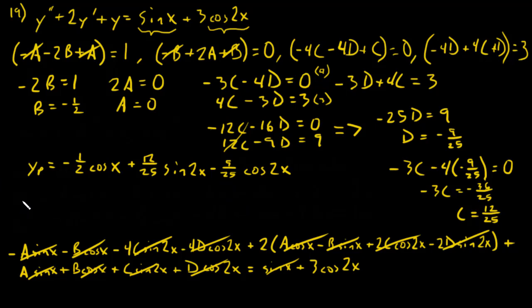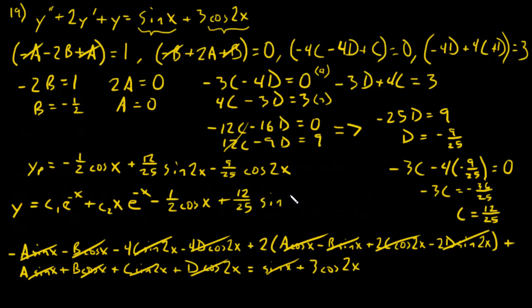Alright, so now let's put it all together. y equals c1 e to the negative x plus c2 x e to the negative x minus 1/2 cosine x plus 12/25 sine 2x minus 9/25 cosine 2x.